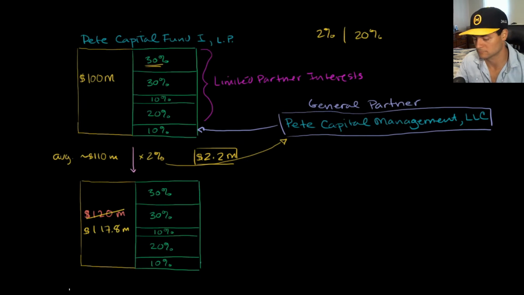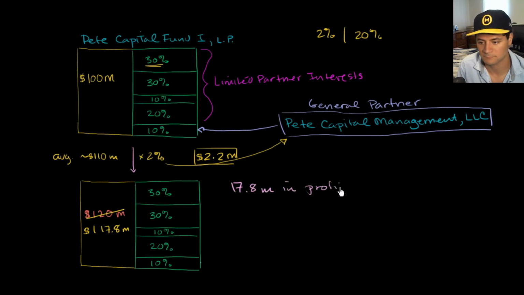And then we'll have to calculate how much he gets in a performance fee. So in this situation, net of his management fee, we have a $17.8 million gain. So let me write that over here. We have 17.8 million in profits. The way that we've set up the performance fee, or the carried interest, is that Pete gets 20% of it, or more particularly, the general partner, Pete Capital Management LLC, the partner that is managing this fund, will get 20%.